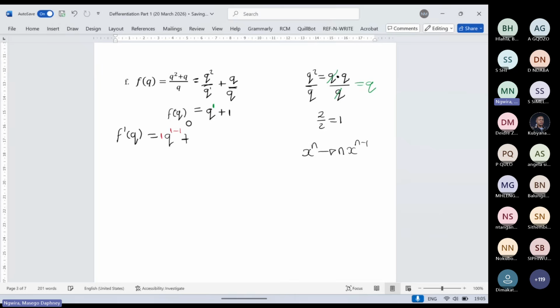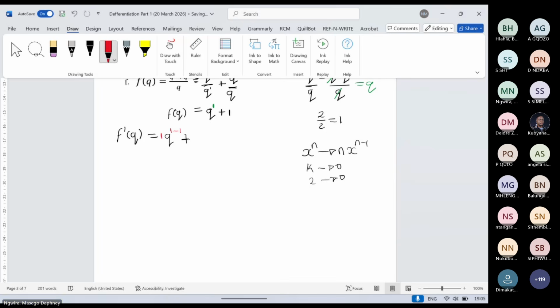And then I said that the derivative of a constant is 0. Derivative of k is 0. Derivative of 2 is 0, any number. So this will be 0.